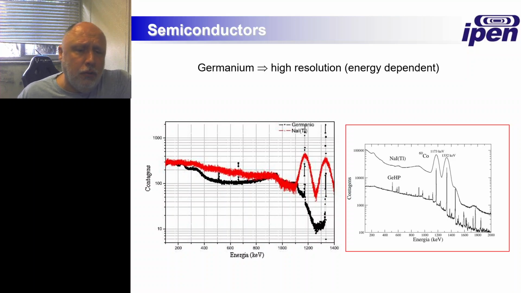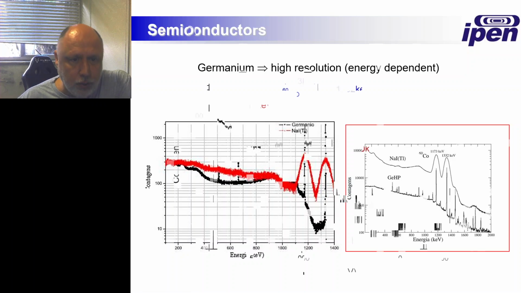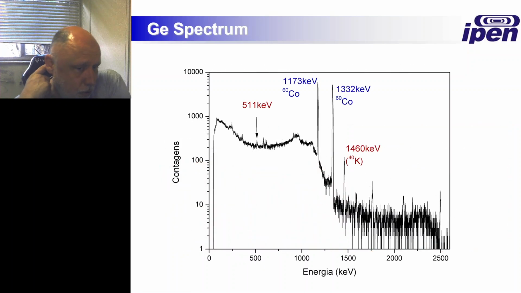And here is the difference. You see, here you have what a germanium detector is capable of, and here's a sodium iodide. And then you see why we have to pay all that money for one of these detectors. And just to make sure, now it's the truth. This is a true spectrum I collected in our lab with a cobalt-60 source.